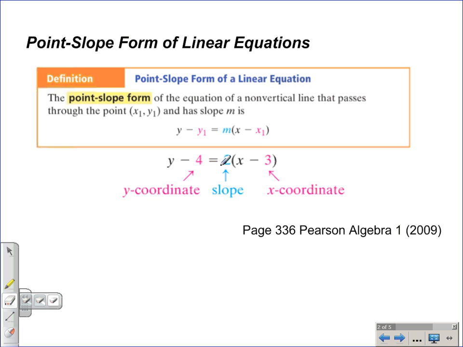We see an example here. y minus 4 is equal to 2 times the quantity x minus 3, where in this case the ordered pair is 3 comma 4, and the slope is 2. So we're going to be using this form today.